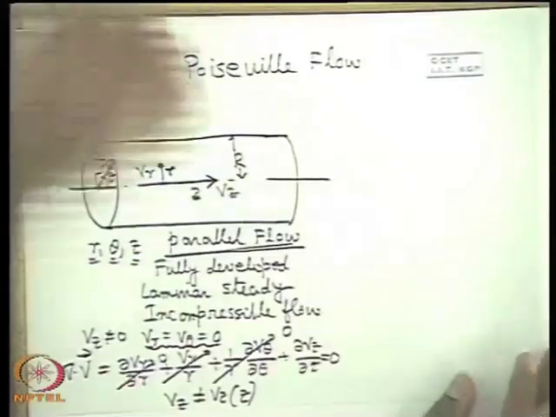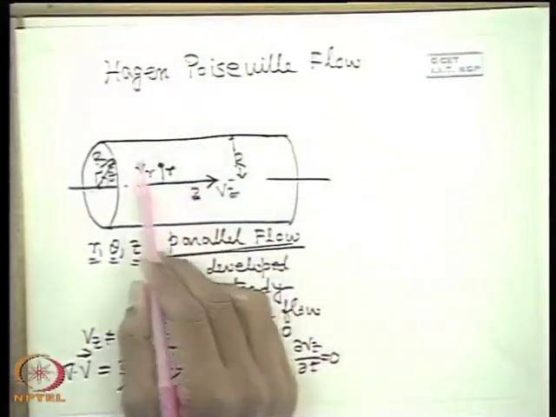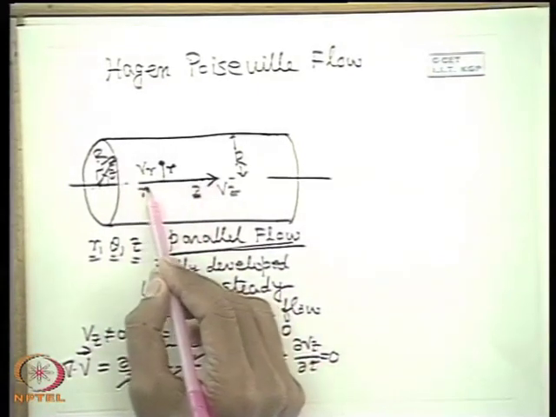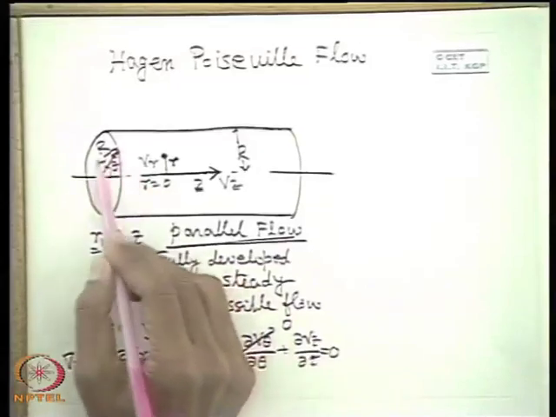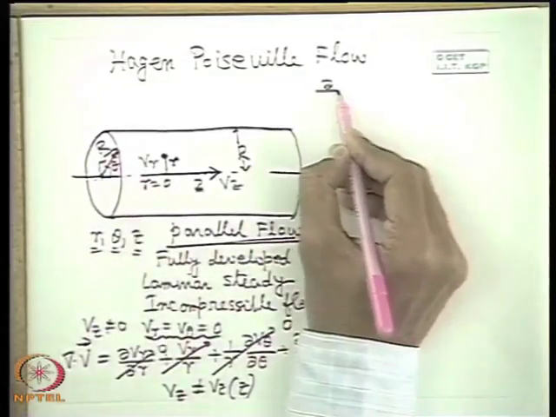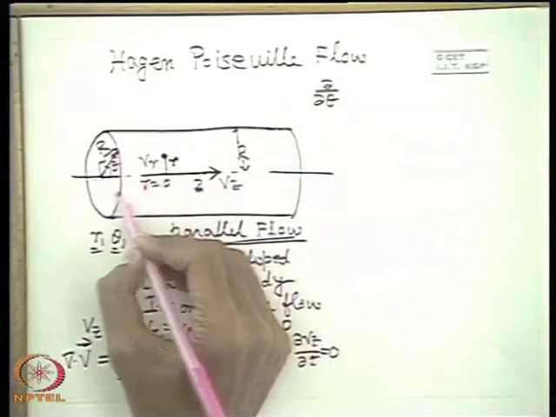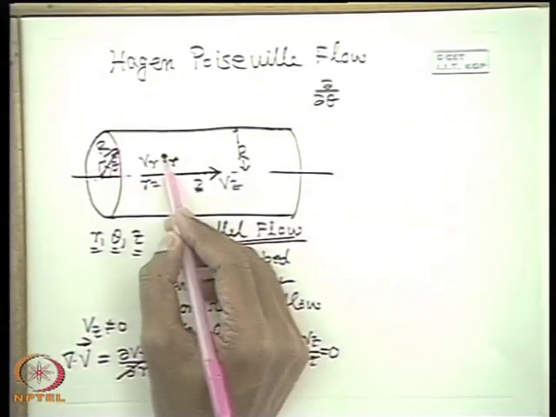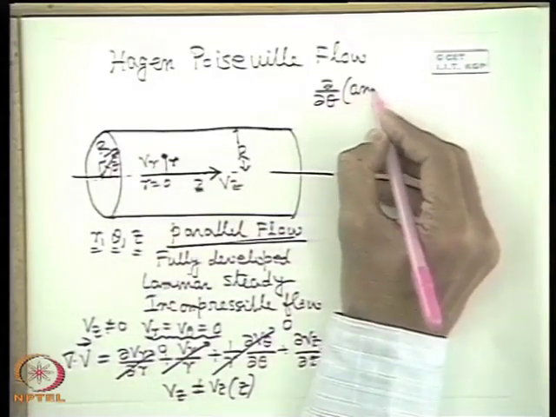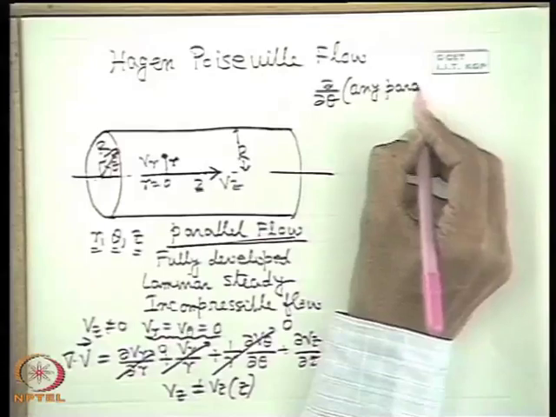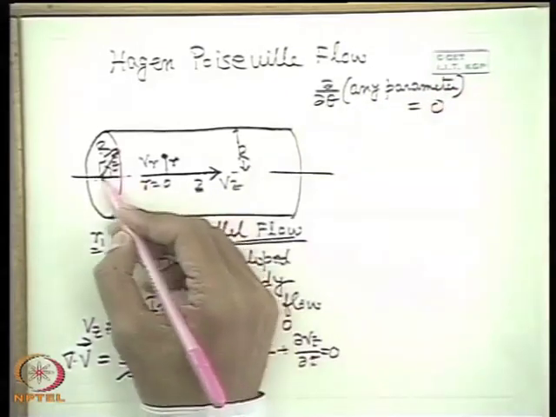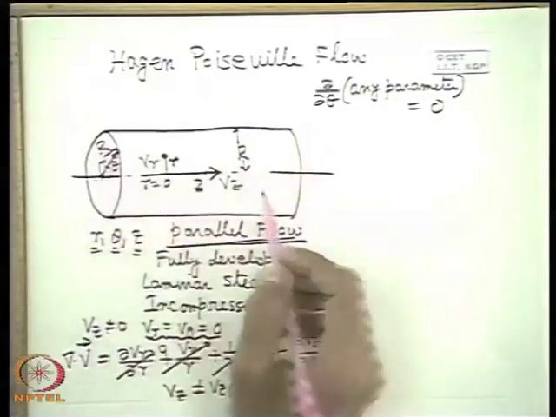Another thing we have to consider is that the flow is symmetrical about the axis R equal to 0, which means the flow is azimuthally symmetrical. That means there is no variation of any parameter with respect to theta. All parameters are functions of R and Z. Del theta of any parameter is 0, which means any RZ plane at any theta represents similar flow situations.